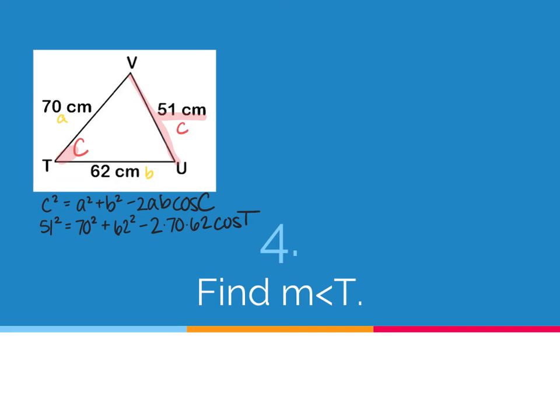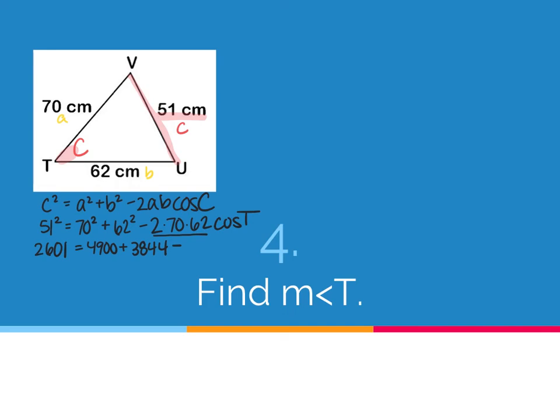So 51 squared is 2,601. 70 squared is 4,900 plus 62 squared, which is 3,844 minus, I can do 2 times 70 times 62 all at once.